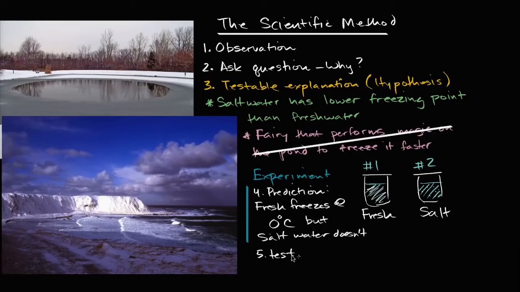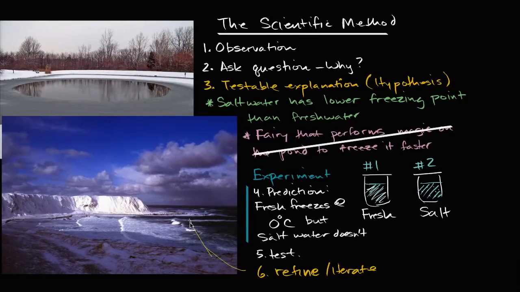Or you might now want to ask even further questions. Well, when does salt water freeze? And what else is it dependent on? Do the waves have an impact? Does the wind have an impact? And so then you can go into the process of iterating and refining. So when I'm talking about iterate, you're doing it over again, but based on the things that you've learned.